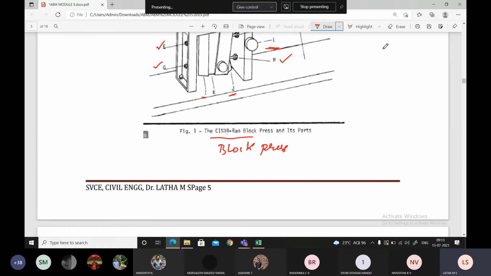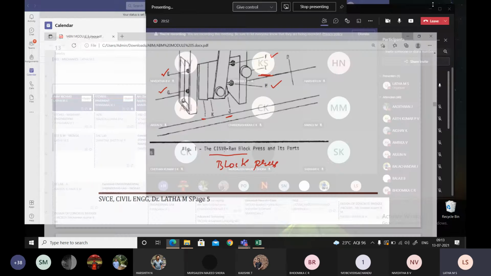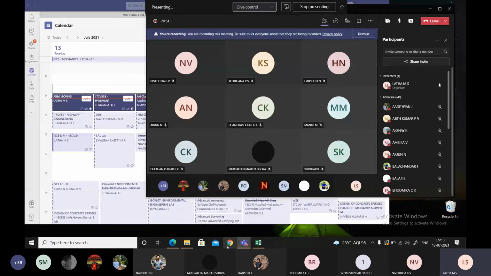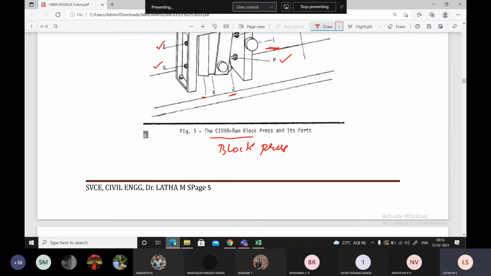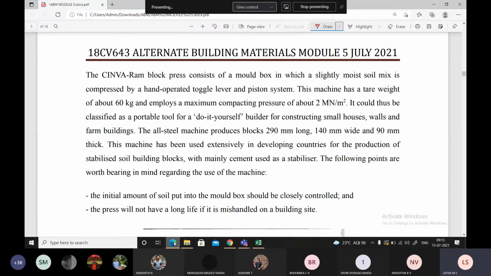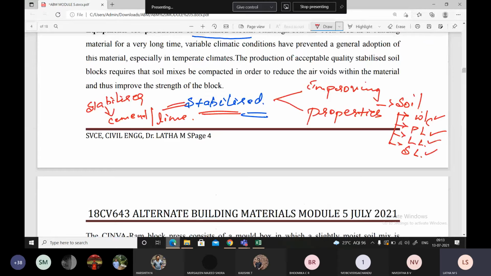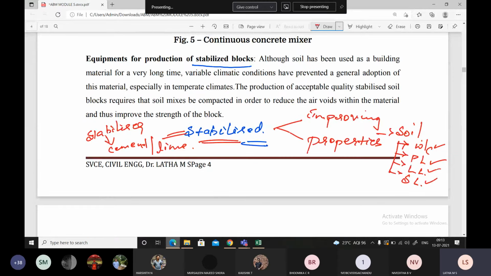Now students, I can show you some more images of the Sinvaram, which has been improved. It is not as before; it has been improved and is versatile in the production of blocks. It may take some time, let it load. Before that, we'll move on to the detailed part of the equipment.